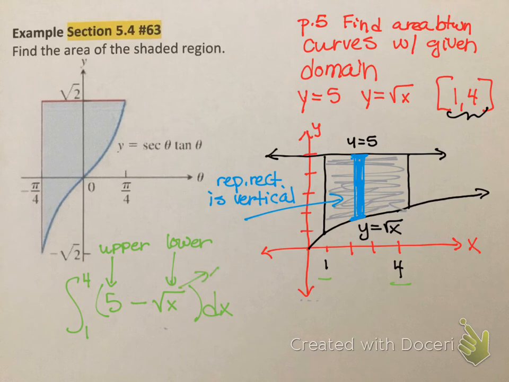We need to think of this as an x to the 1/2. So when I integrate, the antiderivative of 5 is 5x. The antiderivative of x to the 1/2, when I add 1 to 1/2, I get 3/2. Dividing by 3/2 is the same as multiplying by 2/3.